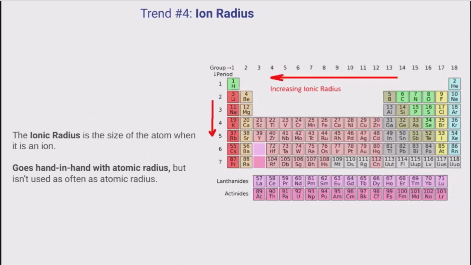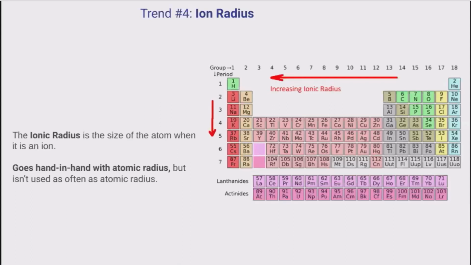Ionic radius goes in the same direction with atomic radius, because ionic radius is the size of the atom when it's an ion. Like I said, it goes hand in hand with atomic radius. If something is large as a neutral atom, it will still probably be big as an ion, but it's not used as often.